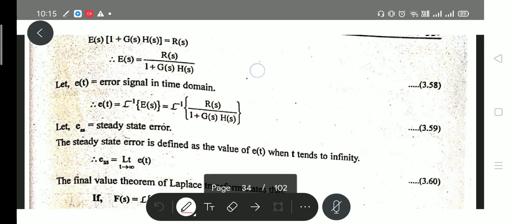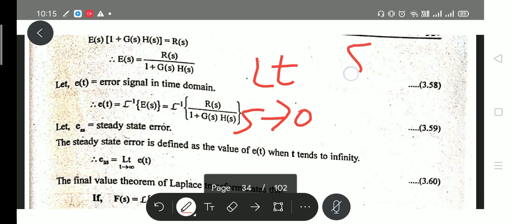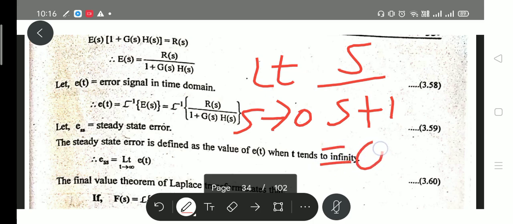In the final value theorem, limit s tends to 0 of s into 1 by s plus 1. In place of s, I am substituting 0, so the result is 0. In the final value theorem you substitute 0, and in the initial value theorem, infinity. This is the difference between the initial value and final value theorem.